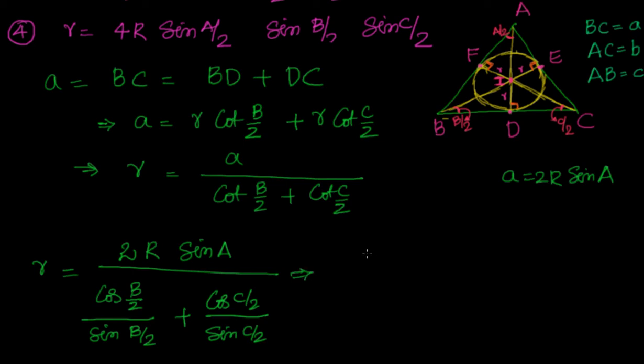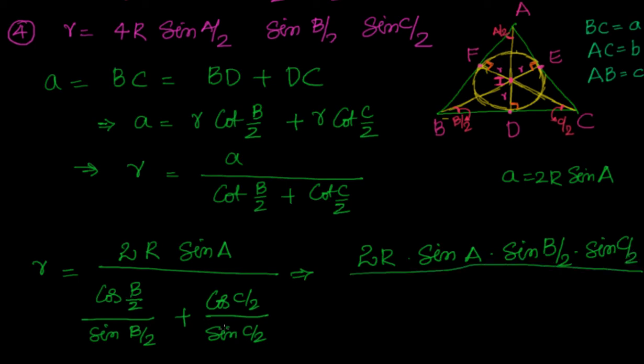And what will it become now? 2R into sine of A into, this will come to the top, so I will have sine of B by 2 into sine of C by 2 by cos B by 2 into sine of C by 2 plus sine of B by 2 into cos of C by 2.